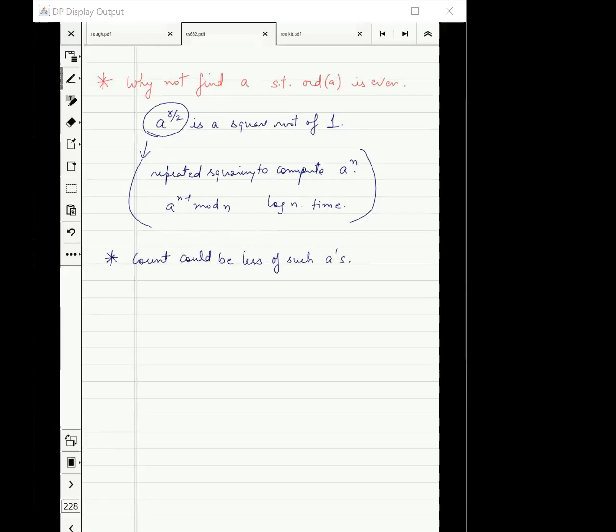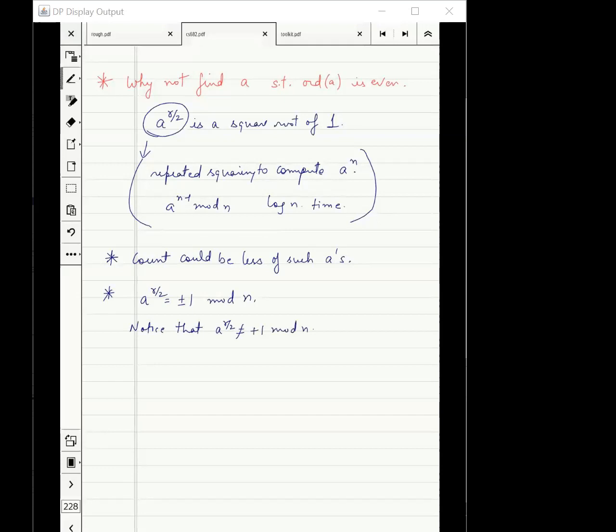You remember that we said that we have to take care of the boundary cases. It could happen that a to the r by 2 is equal to plus minus 1. Can it happen that a to the power r by 2 is plus 1 mod n? No, because then the order will be r by 2. So we notice that a to the power r by 2 cannot be equal to plus 1 mod n, because if that happened, then the order would have been r by 2 and not r.